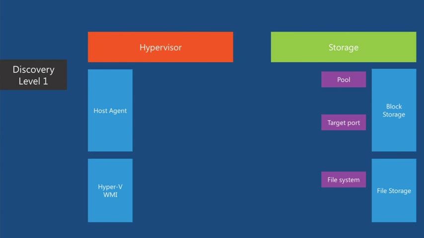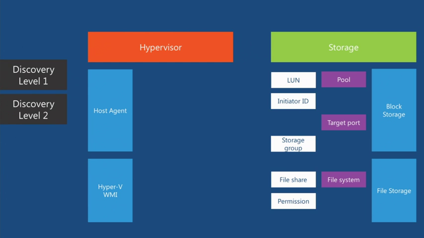So for the file server, we're able to get information about the backend file system. In the second level of discovery, for block storage, we can get you a list of LUNs, the initiator IDs, and the storage groups which maintain mapping between the initiators and targets. And for the NAS case, or the file case, we can get the file shares and the permissions that are granted for that share.